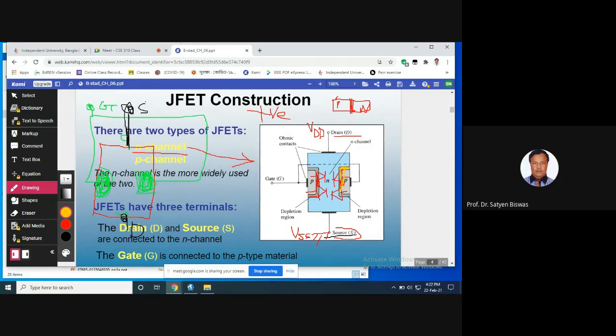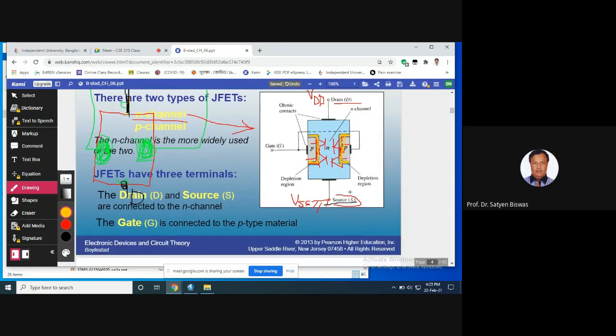Because without applying any voltage, this is a depletion region on both sides. Both side PN junctions have no voltage applied, so this area is a depletion area, in yellow color. And you understand this? Right? Okay, I think you're okay.